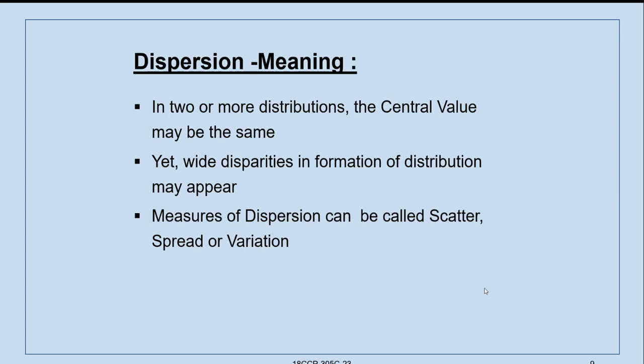Measures of dispersion can be called scatter, as I said in the previous slide. Scattered, that means spread over, or some variation is there. So we have to measure these variations, these scatters or spreads of the grains or data.